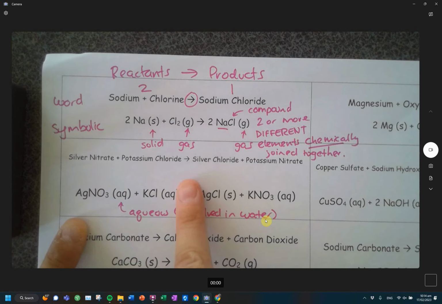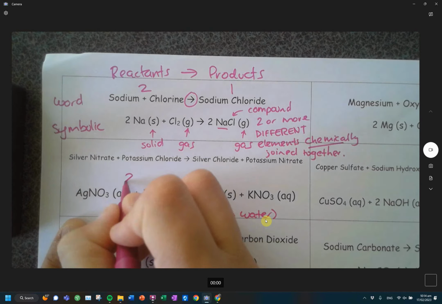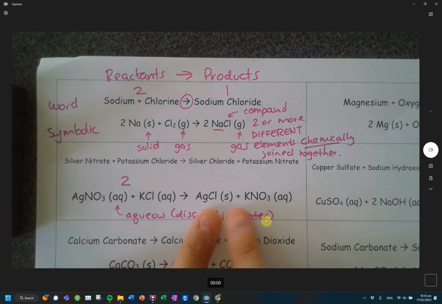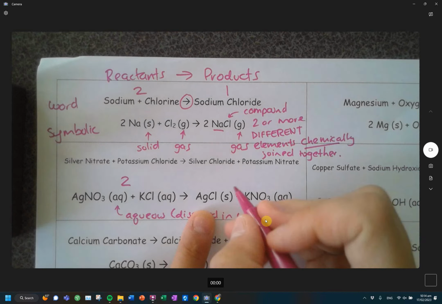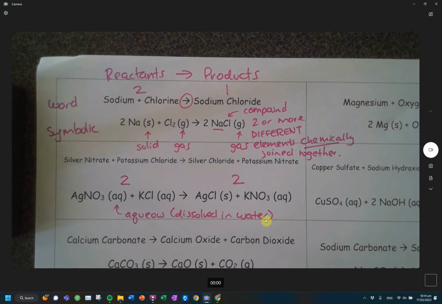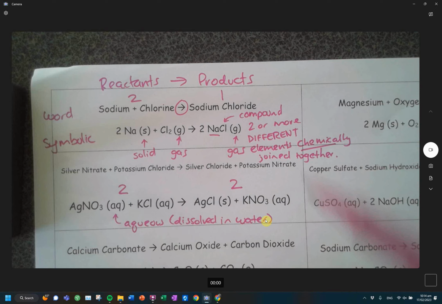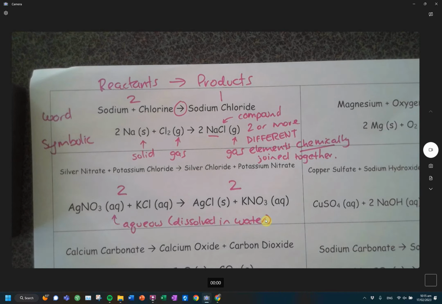I can see it over here also. 1, 2. There are 2 reactants. In this case, there are 2 products. So do you think these 2 belong in the same group? Probably not. I also see that there's element, element, compound. I see compound, compound, compound, compound.